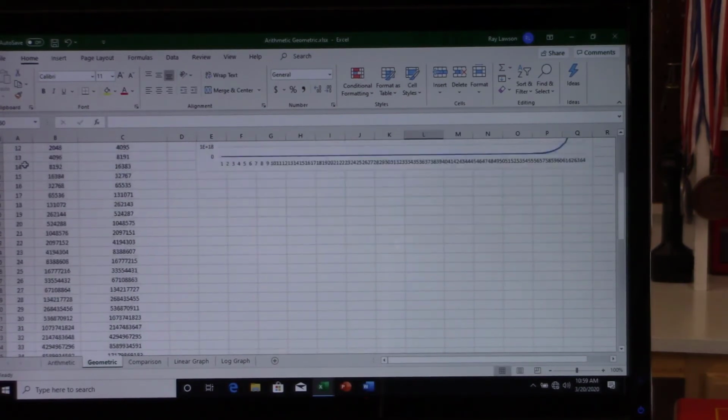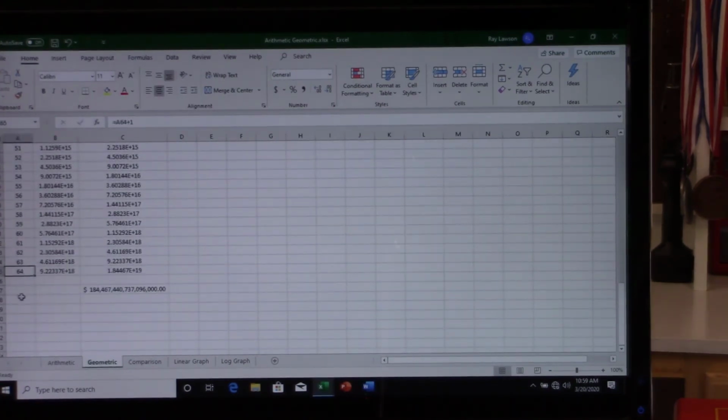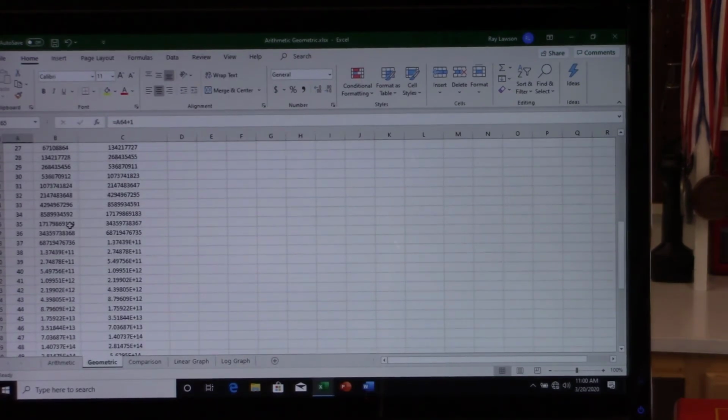So again, we have the 64 squares right here shown. But now look how the geometric series goes by multiplying by 2. We go 1, 2, 4, 8, 16, 32, 64, 128, and we get down here very quickly, and notice these numbers have e's with pluses at the end. This means we're using scientific notation, and that's how many zeros are behind these numbers.